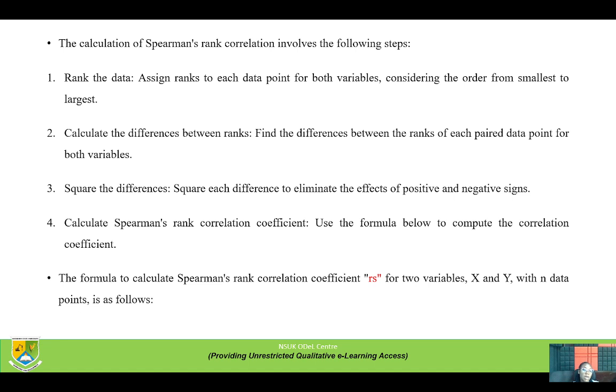You go ahead to calculate the difference in the ranks. You subtract the rank of Y from the rank of X. You square the differences, and then you go ahead to calculate the Spearman's correlation coefficient.